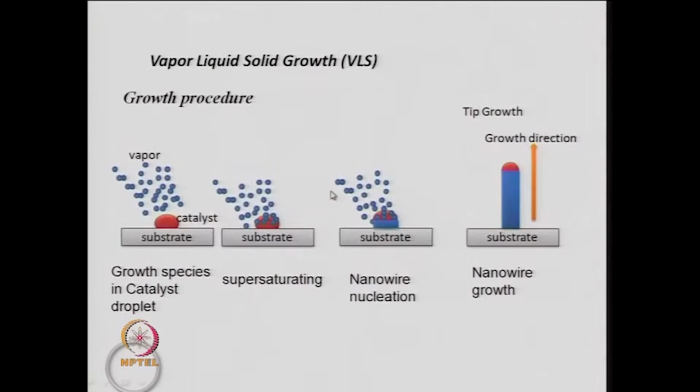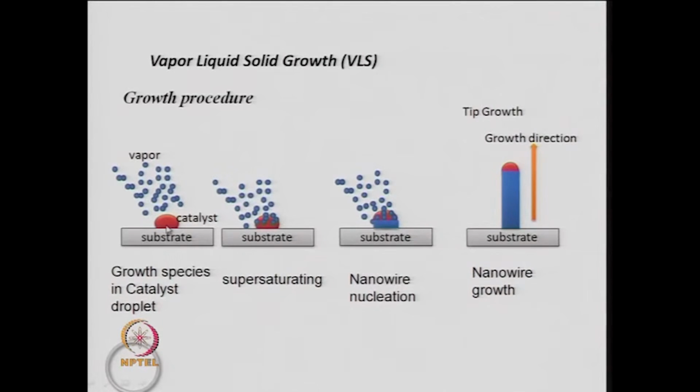I will just recollect with you the vapor liquid solid growth which we discussed, in which you have a substrate on which there is a catalyst, which is a metal, and that metal catalyst is in the form of a globule.